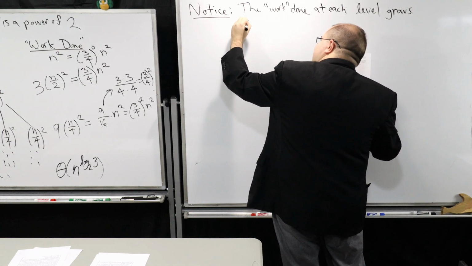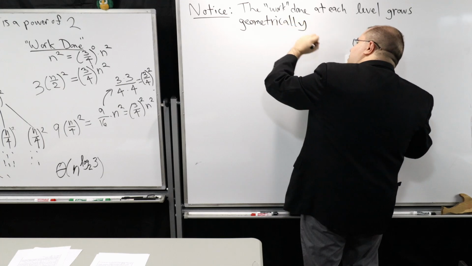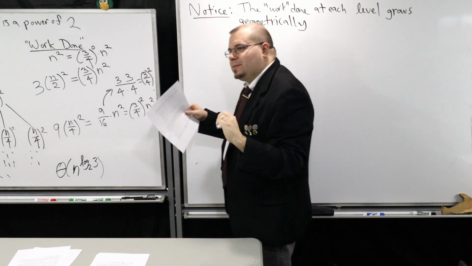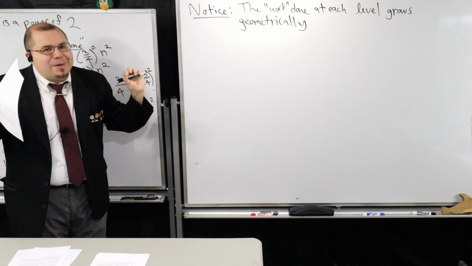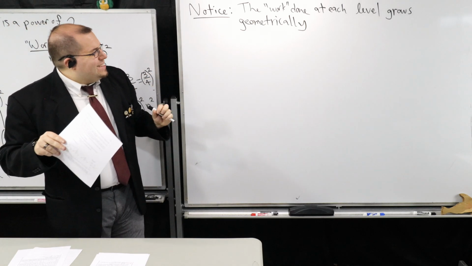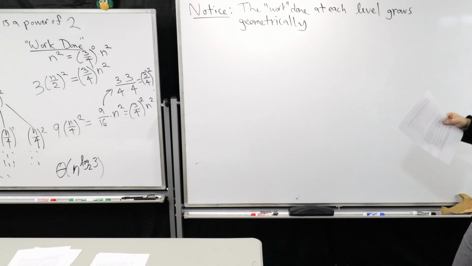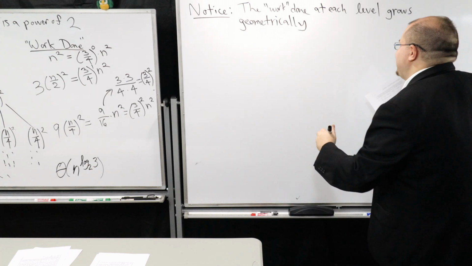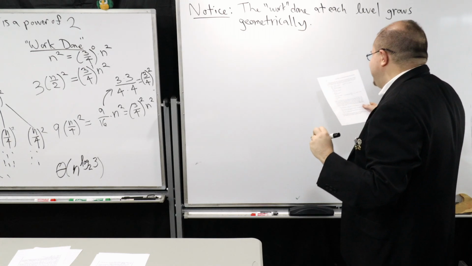So when you look at that tree that I had on the board, the first thing that should scream at you is that it's a geometric growth. Naturally, when analyzing this, you might need to use the geometric series somewhere. That's the first thing that should stick out at you like a sore thumb.